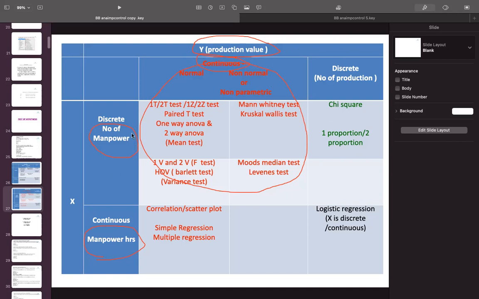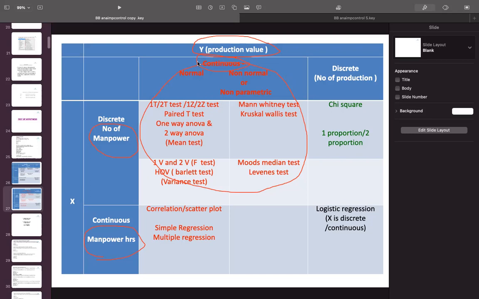Now, number of manpower is discrete data, and that is an X. Whether number of manpower is affecting production value or not, that is what we are going to check with all these tests. So if Y is continuous and X is discrete, we have all these tests that can be done for that combination.